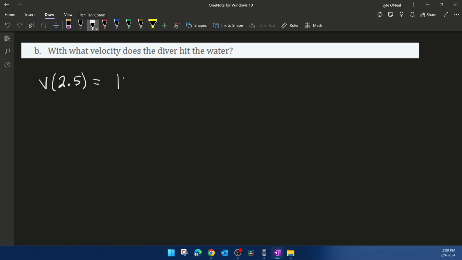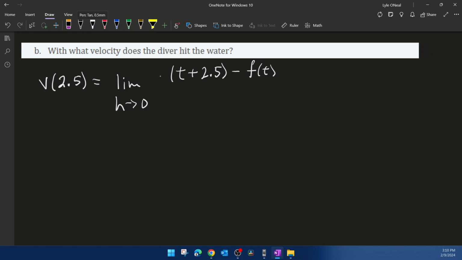So this is going to be the limit as h approaches 0 of... If we go back and look at the formula, it says f of x plus a. Well, x in this case is t, a in this case is 2.5. That would be f of t plus 2.5 minus f of t.